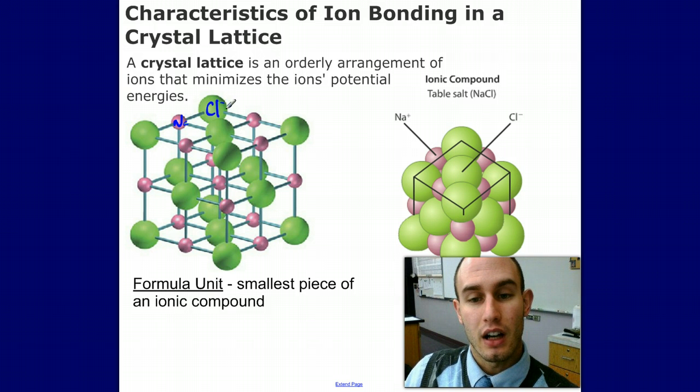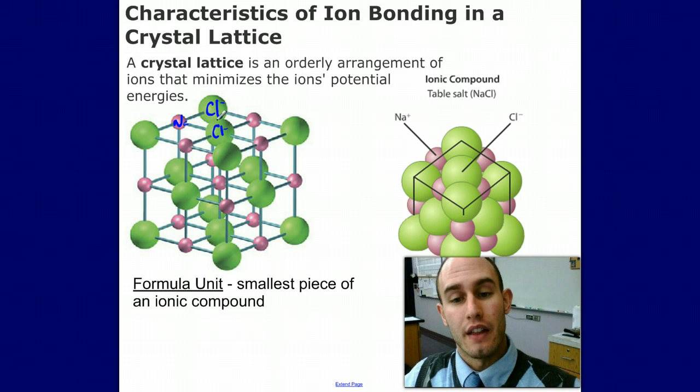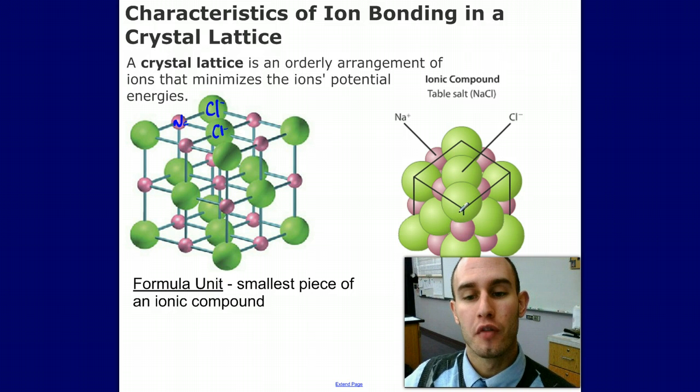But if this was chlorine minus and this was chlorine minus, there would be some repulsion amongst those two. Well, that is where they basically space themselves out so that they are opposite corners of one another. And that is the lowest repulsion that those two elements could have. So that is why we see these lining up in the same rigid pattern over and over again.